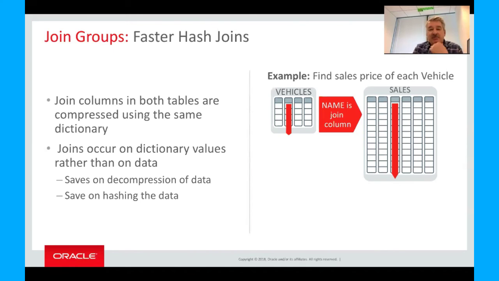I guess I didn't mention, but to create a Bloom filter, you have to have a filter predicate, because without a filter predicate, you don't get a Bloom filter. And so join groups are another way of improving that, because not always are you able to filter on your smaller table or your dimension table. Sometimes you're actually joining all of those columns or all of those values together and feeding that to another part of the query.